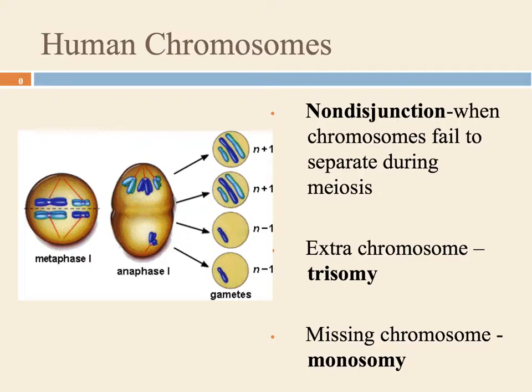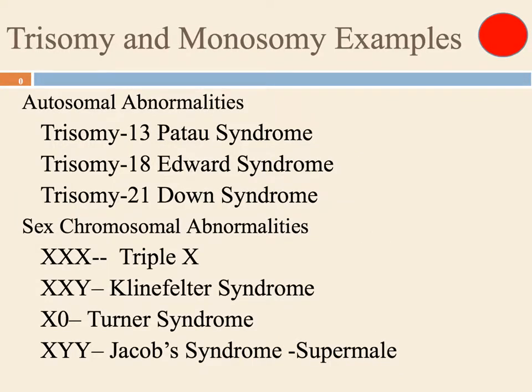But occasionally there is non-disjunction, which means that chromosomes fail to separate during meiosis, and that results in an individual having an extra chromosome, which we refer to as trisomy. An individual could also be missing a chromosome, and we refer to that as monosomy, meaning they only have one chromosome for that specific chromosome. So here are some examples of trisomy and monosomy.